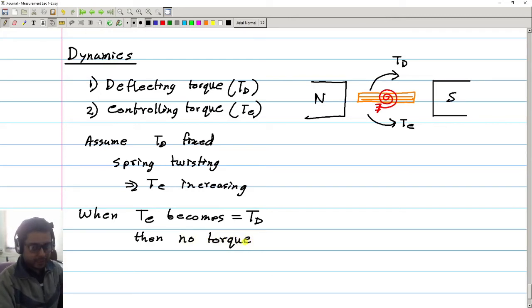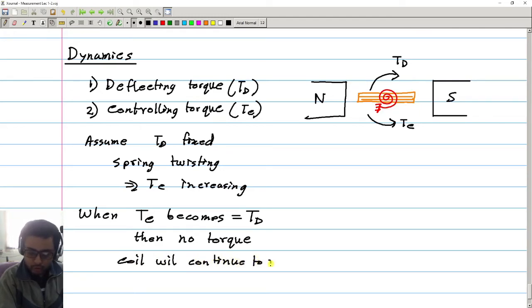But by that time, the coil might have gained some velocity, and due to that velocity, due to the kinetic energy, it may continue to move. It will continue to move due to its inertia. Then TC will increase.